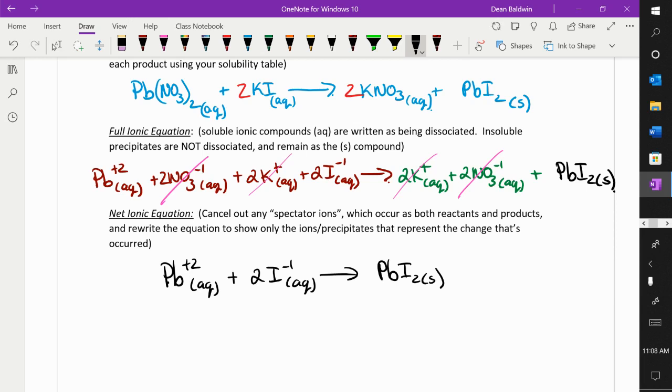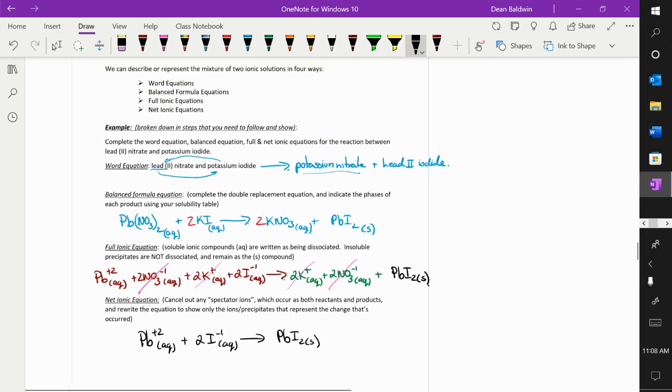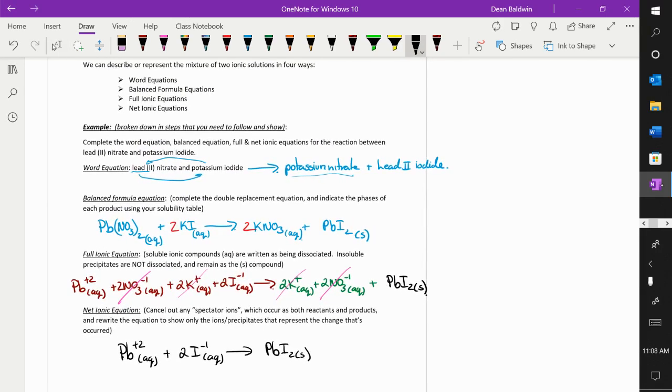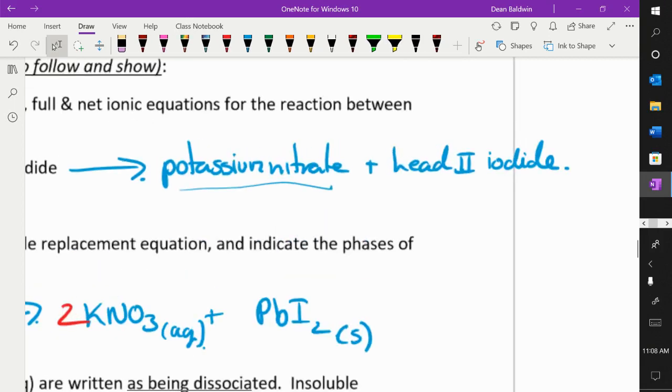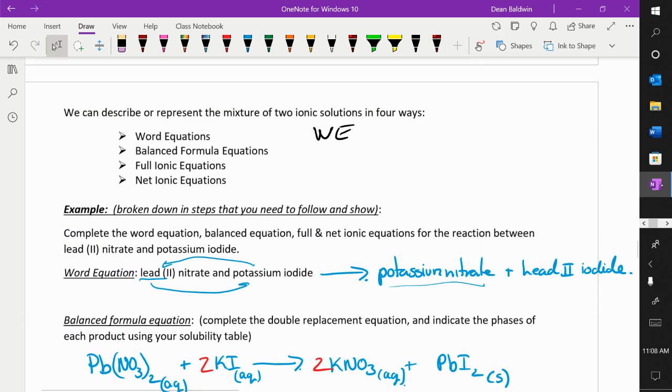People like to use the acronym WeBFINE. If you want to memorize that, that's fine. We is the word equation. B is the balanced equation.